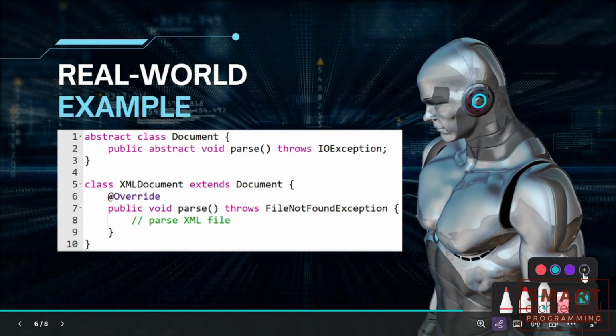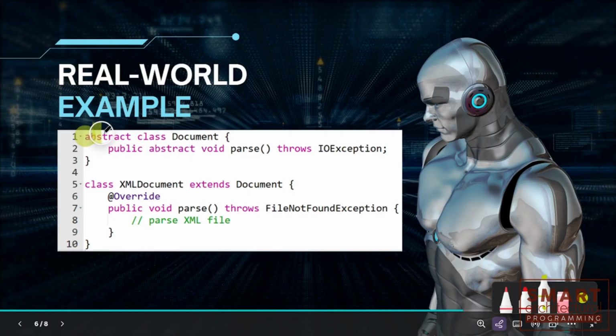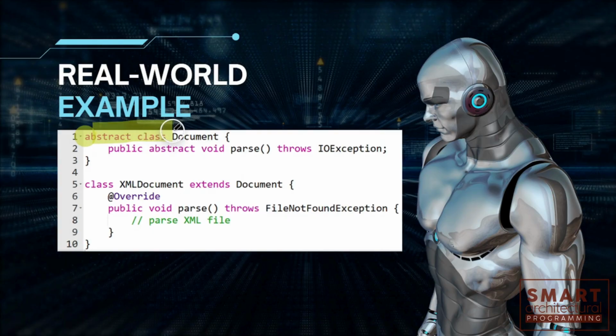First, you need to understand we have an abstract class here. What is an abstract class? If you don't know that, please go back and look into the abstract keyword. There's a video there. These are things that you need to know before you come here. So please review that and come back here. Then we have a class XMLDocument that extends the superclass Document.